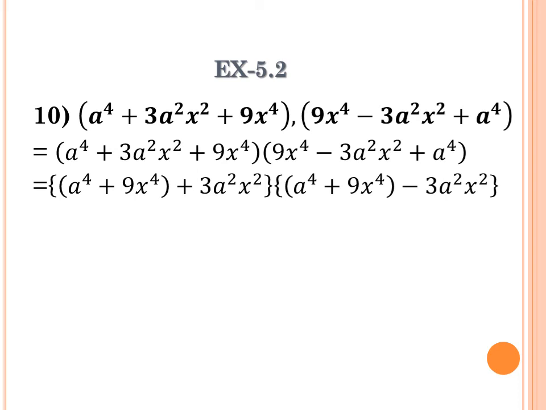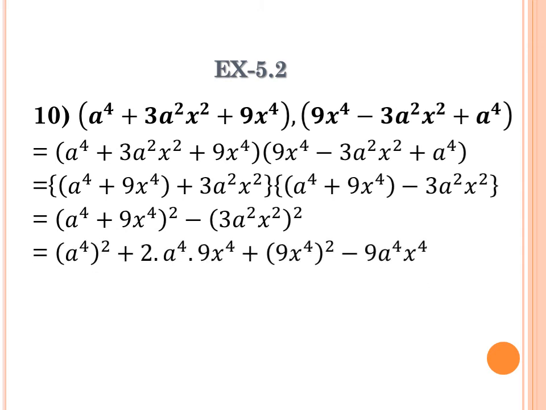That means we can use the general formula a plus b into a minus b. So the formula will be a plus b, a square minus b square, and again we can write the formula a plus b whole square. So we can write something like this, and power will be multiplied.